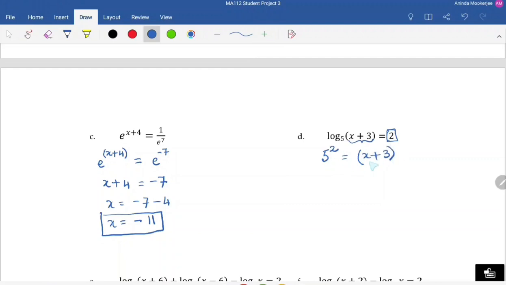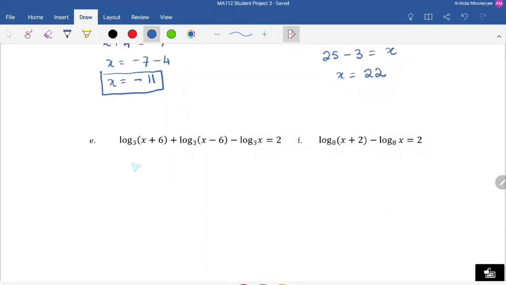Now we have to solve for x in this equation. So 5 squared is 25, and then we have x plus 3. So x will be moved, the 3 over to the other side, and we'll have 25 minus 3 equals x. So x will be equal to 22, right?